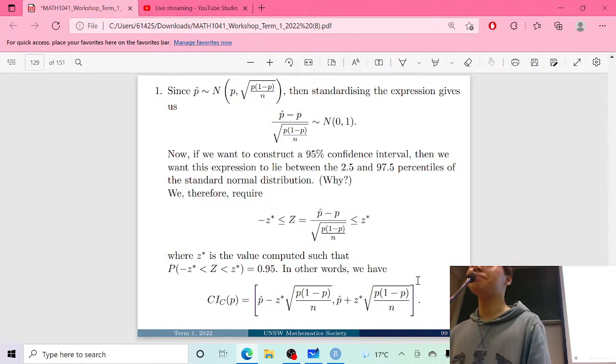Does this make sense? So you can solve for p. Remember that we're trying to solve for p here. So we can multiply by the standard deviation, subtract p hat, and then divide everything by -1. Cool. And if you do the math, you end up with this.